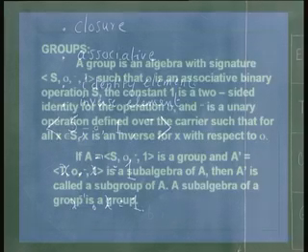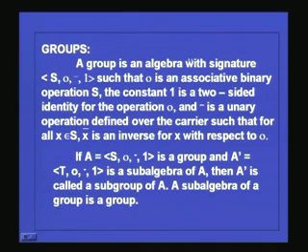A group is an algebra with the signature S dot, inverse, 1. Usually we write the constant in the end. This is the identity element.